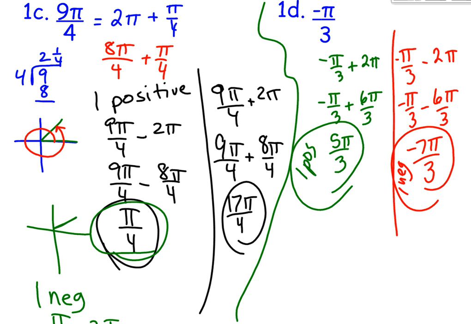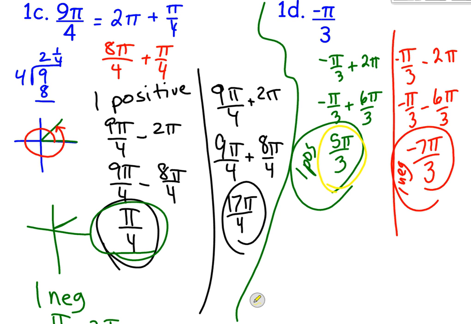And you'll notice that in the process, I'm usually finding that smallest positive angle, and that is an angle we want to be able to have in our heads, because if I wanted the general answer for all angles that are coterminal, in this one I would use this 5 pi over 3, because that's the positive angle, plus 2 pi n.